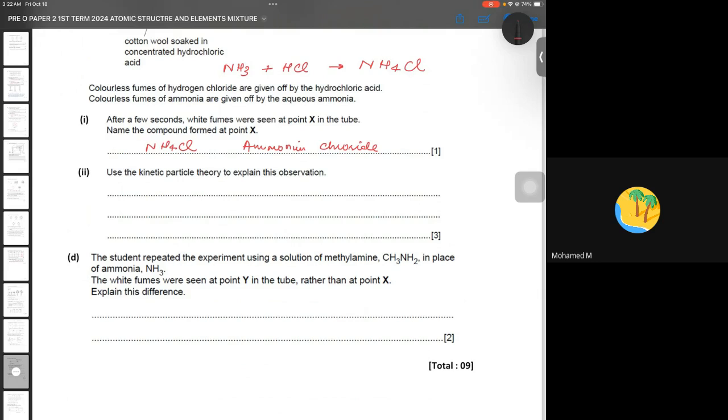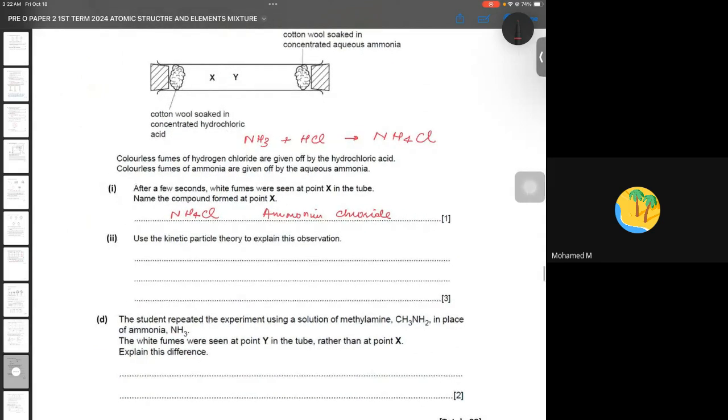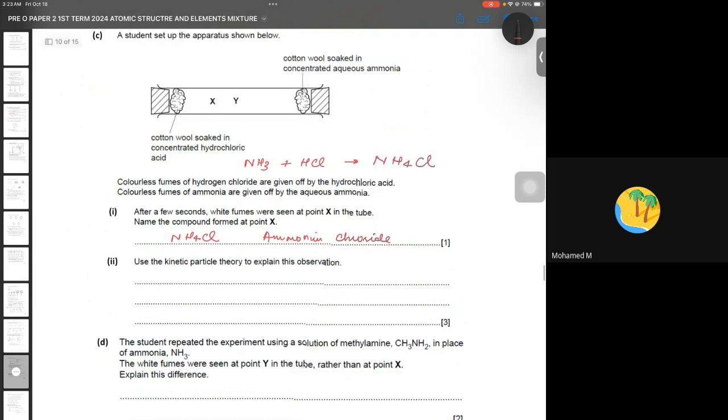Explain the difference. Basically, instead of ammonia, I'm going to use CH3NH2. Now I'm supposed to find out the mass of this.